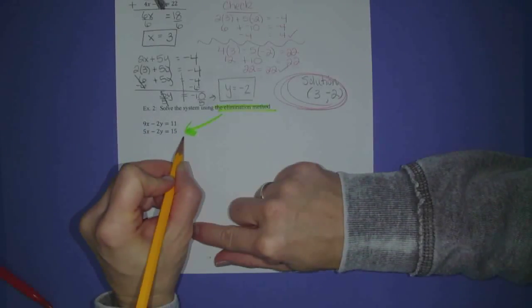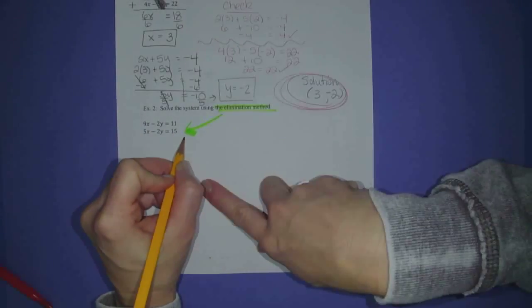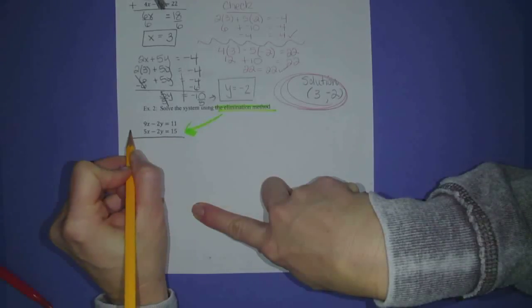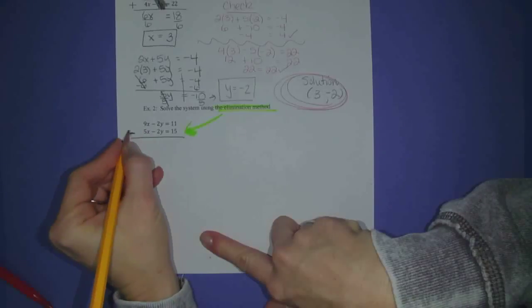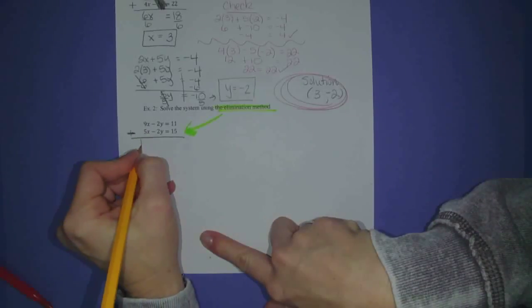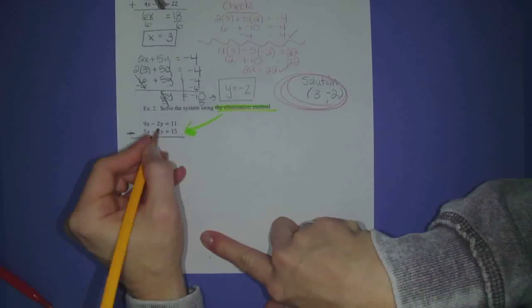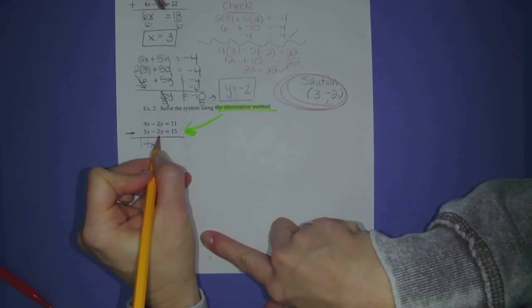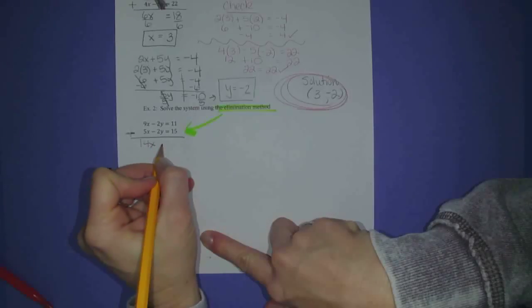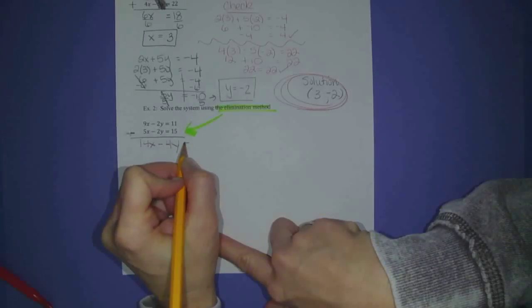If I would try to pull the same strategy I did up here and just add the two equations together, let's see what I get. 9x plus 5x is 14x. Negative 2y plus negative 2y is negative 4y.